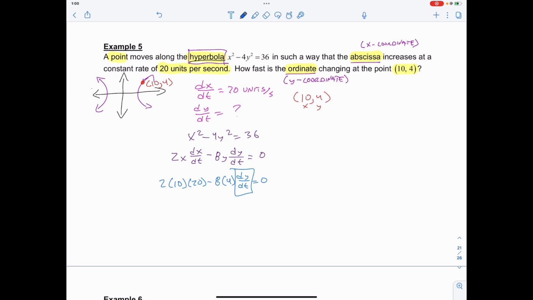Well, when I multiply out the first part, I get 400. 8 times 4 is 32. And I'm multiplying that by dy over dt.